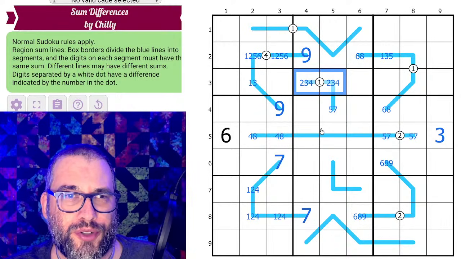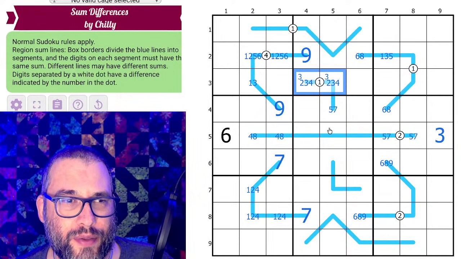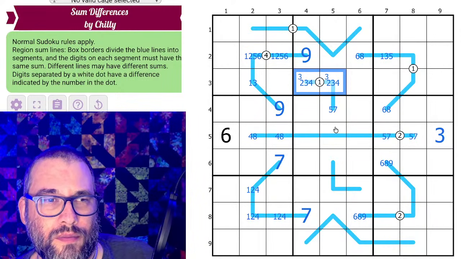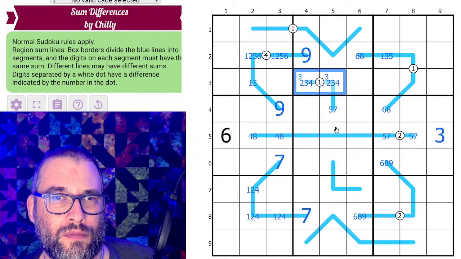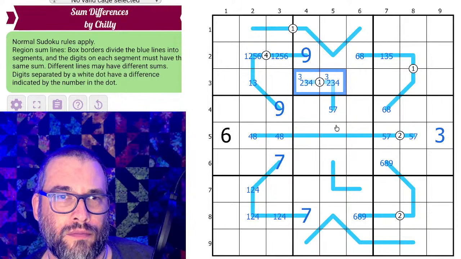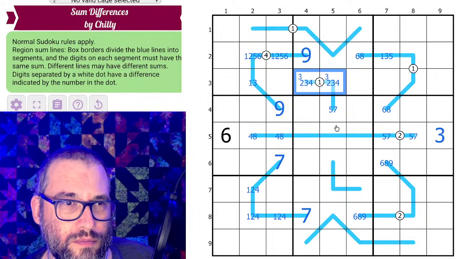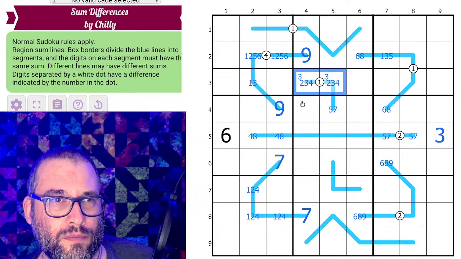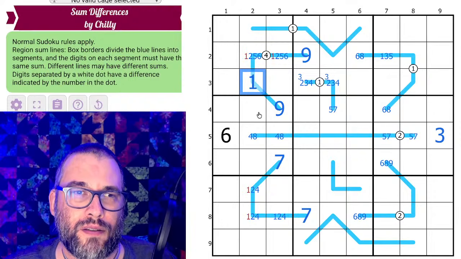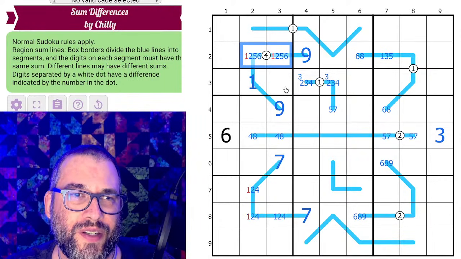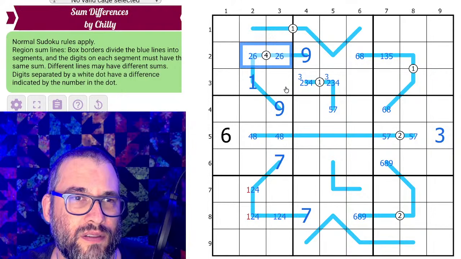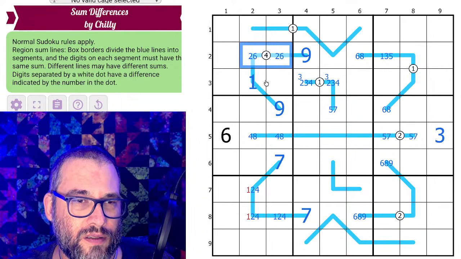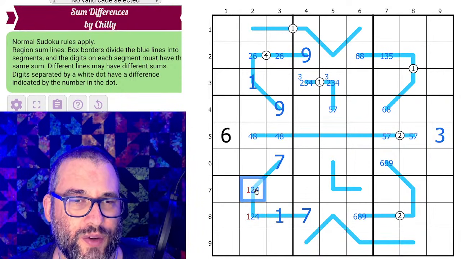So these are from 2, 3, 4 and definitely contain a 3. Ah, that's a 1. Now these need to be a 2, 6 to add to 9. That's a 1.